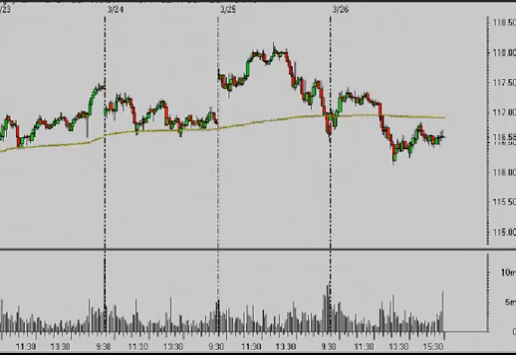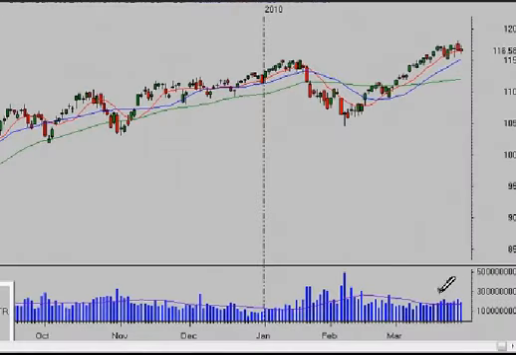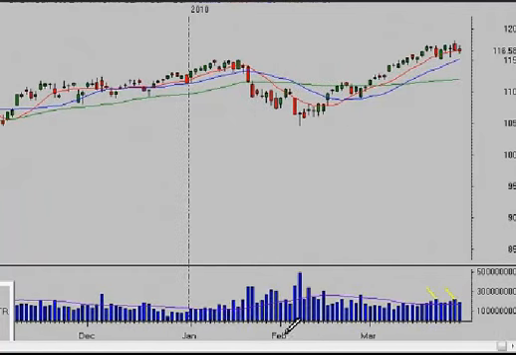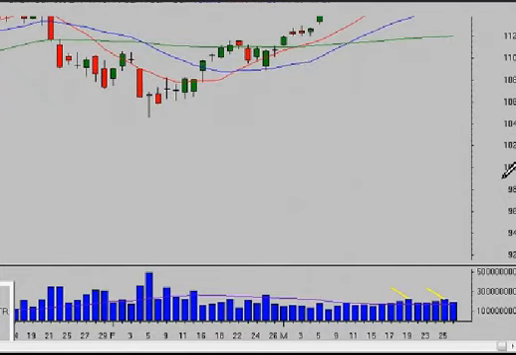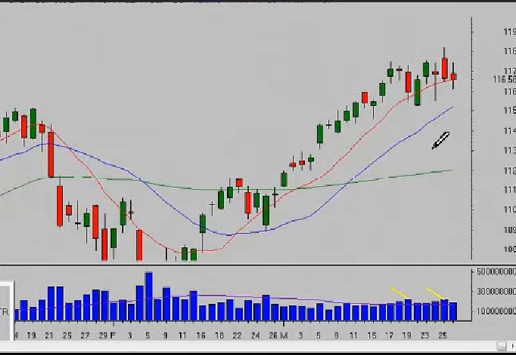I pointed out yesterday that we had seen a couple days of bigger volume, so let's zoom in on that so we can see it more clearly. The bigger volume has come on these 2 days where we had these big red candles. Big volume without further upside progress typically means distribution.